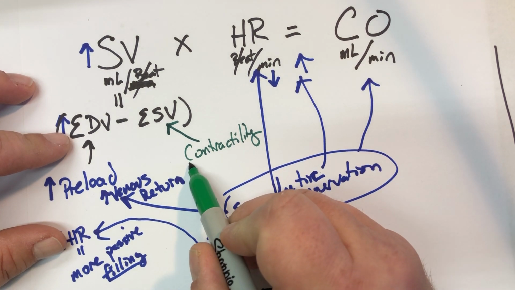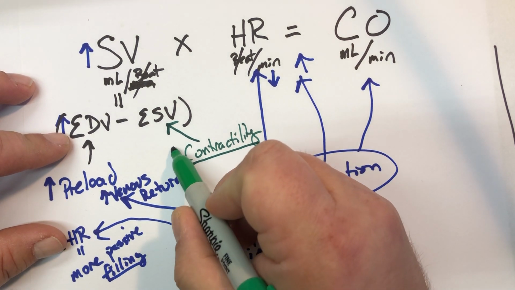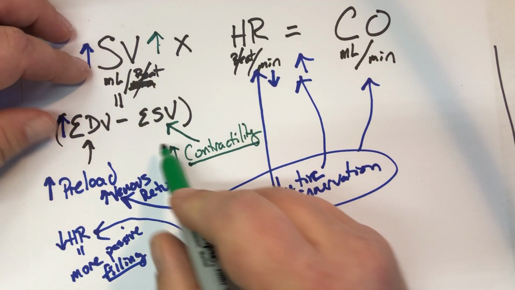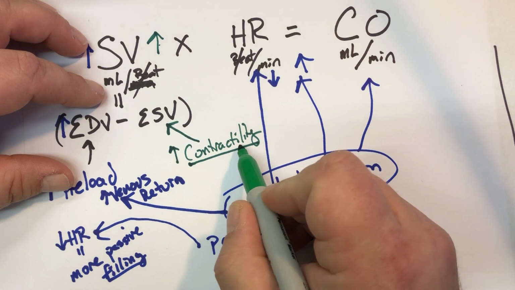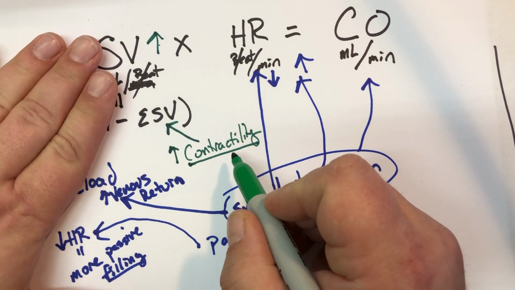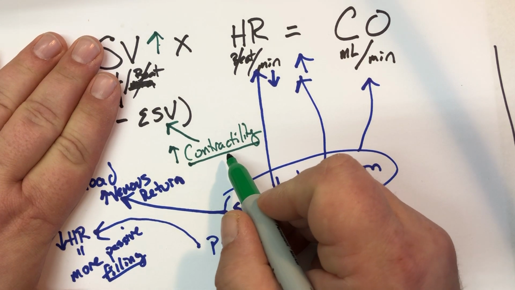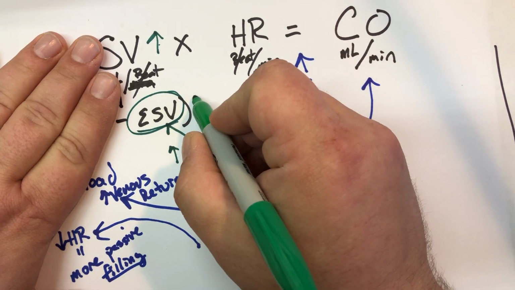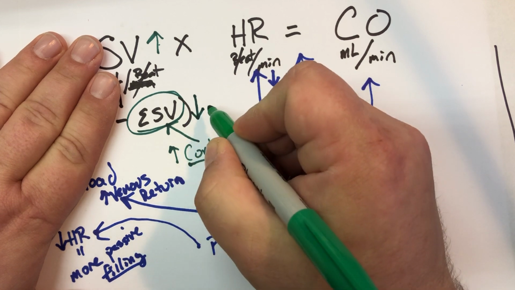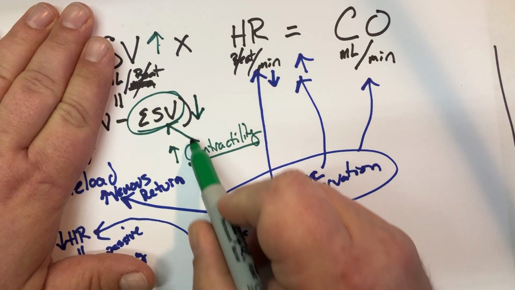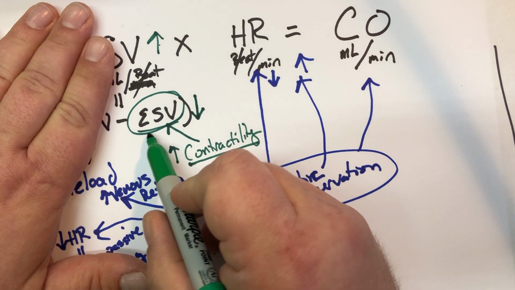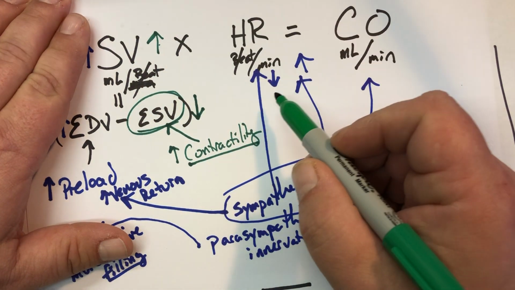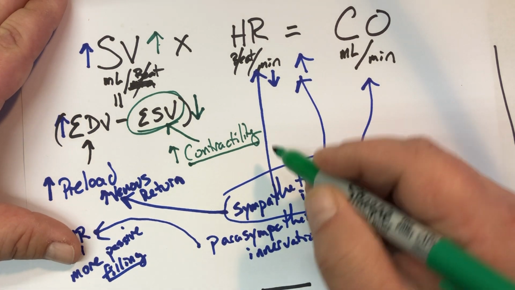If contractility goes up, stroke volume is going to go up, but this is where you have to be careful. If contractility goes up, that means the muscle, regardless of where we started, contracts more vigorously, so the amount of blood left in the heart actually goes down. So regardless of where we started, if contractility goes up, ESV goes down, and as a result, stroke volume goes up.